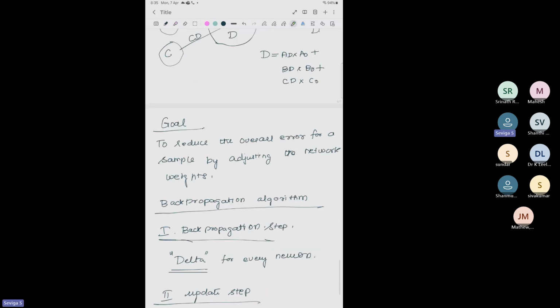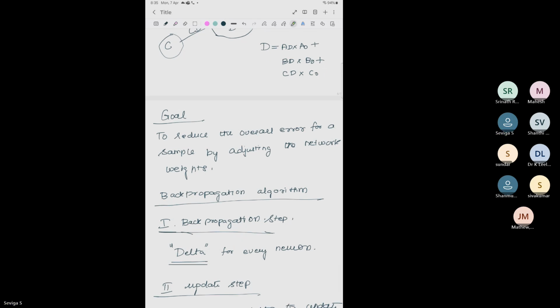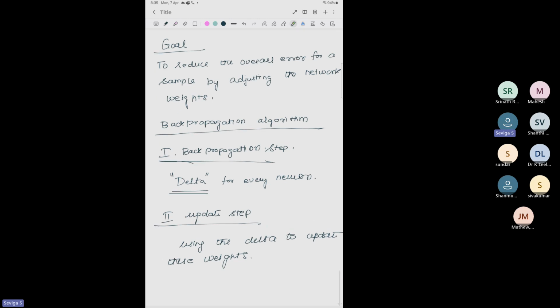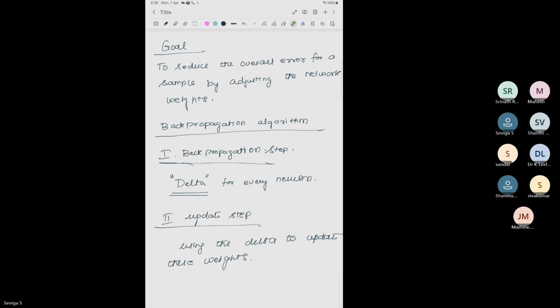We also understood our goal. The overall goal is to reduce the error for each sample by adjusting the network weights. Backpropagation has two steps. The first step is calculating the delta for every neuron.